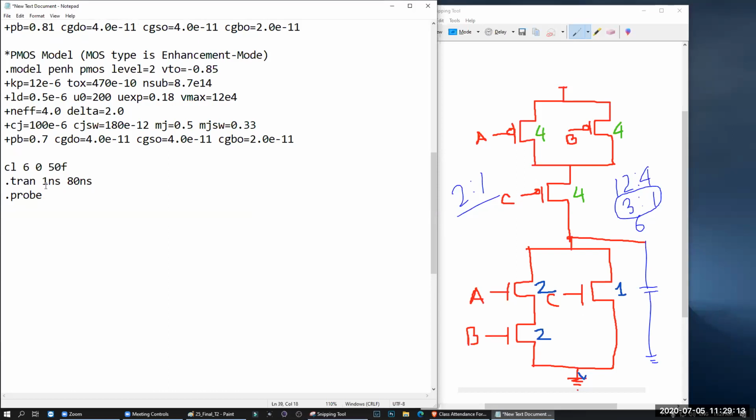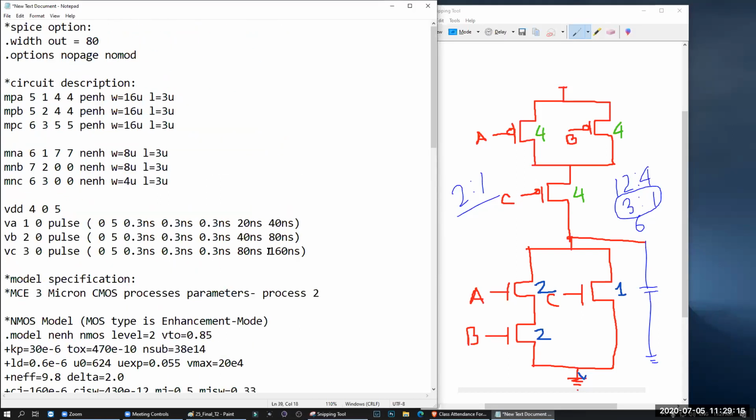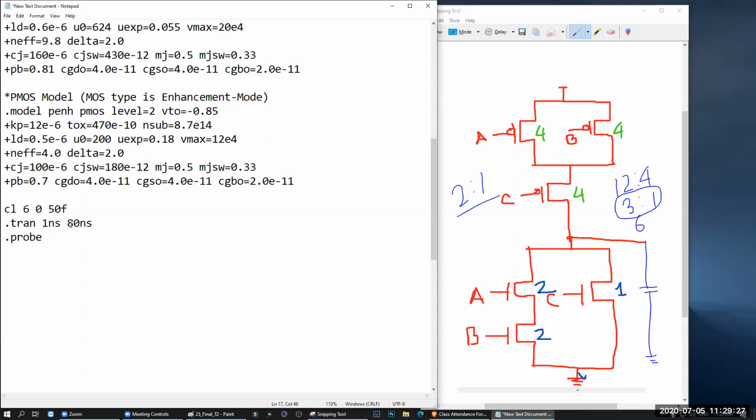And transient analysis will be up to how much? What is the highest time we have? 160. So it will be at least 160. So that's it, done.